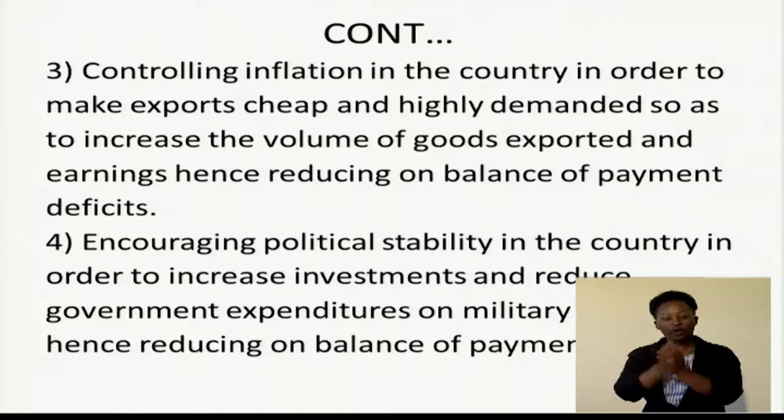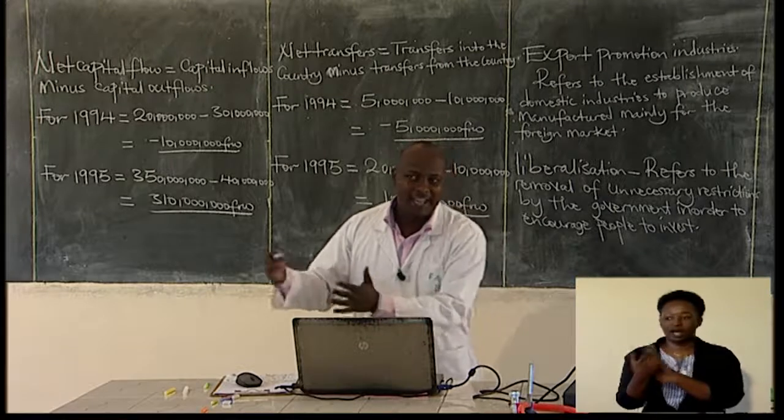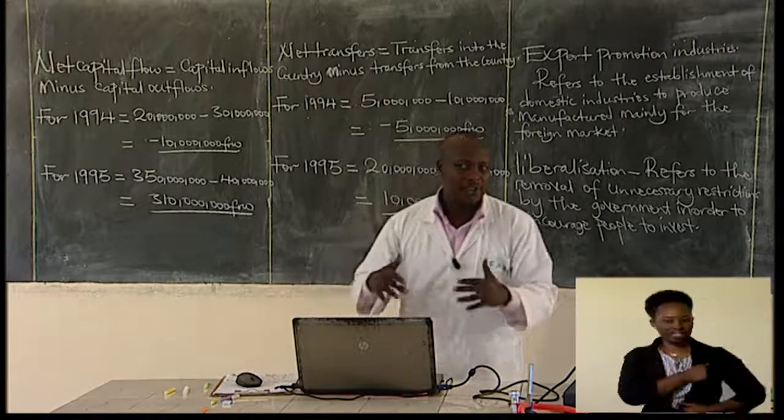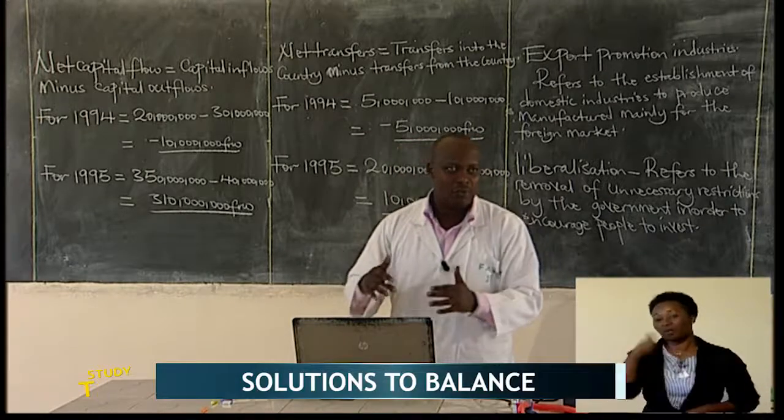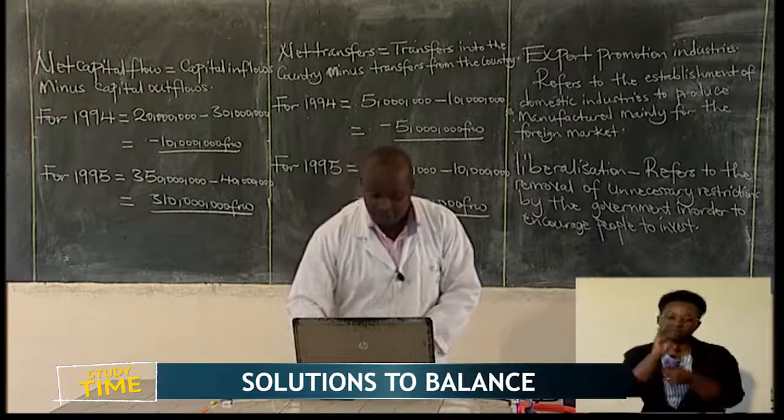And the country will export more goods and it will earn more incomes, hence reducing BOP deficit. And even when there is security, this reduces expenditure on importation of expensive military hardware, like firearms, to curb down insecurities into the country. And when expenditure is reduced, a country will be solving BOP deficits.